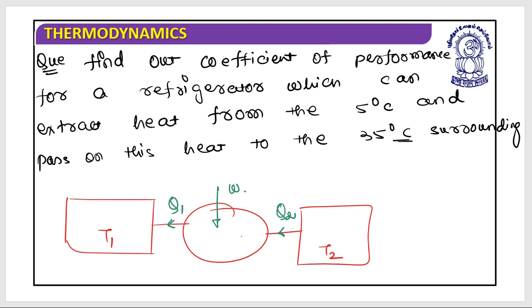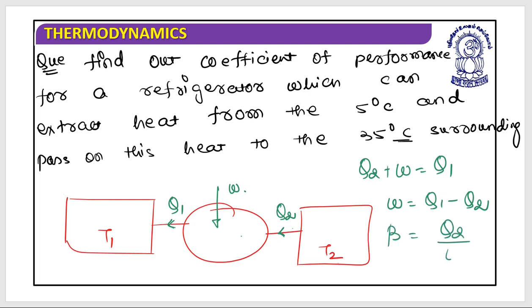This will be the workflow. So from this, Q2 plus work done is equal to Q1, and work done is equal to Q1 minus Q2, and beta is Q2 divided by W, which is T2 divided by T1 minus T2.